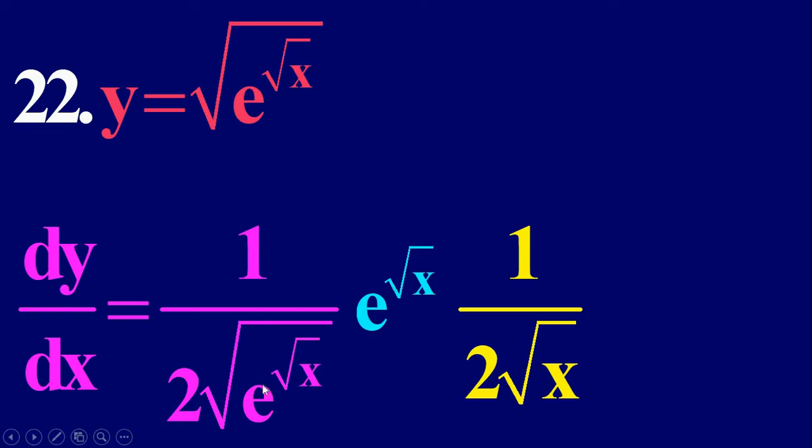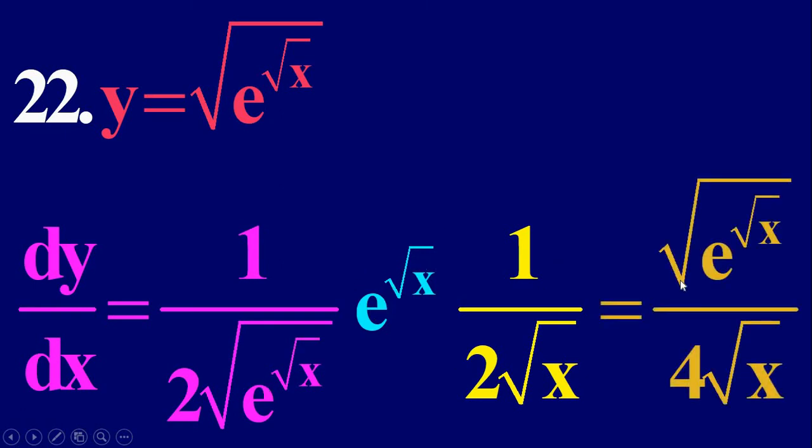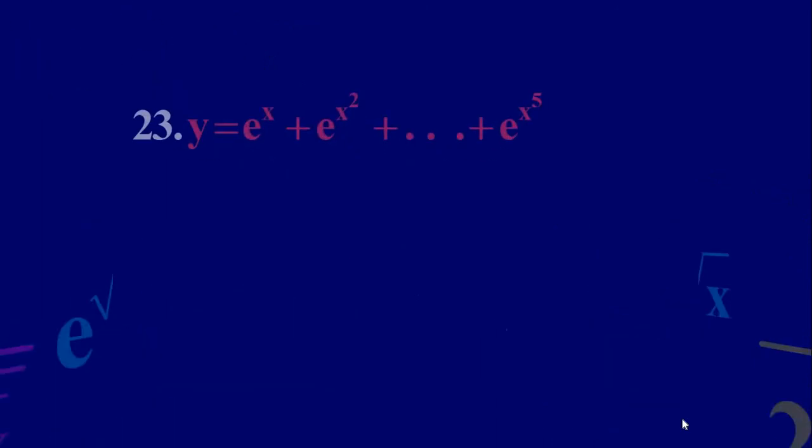If we divide x by root x, we get root x. E power root x divided by root of e power root x is root of e power root x. So answer is root of e power root x divided by 4 into root x.